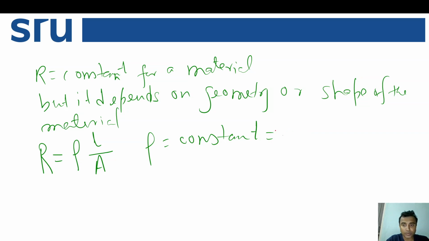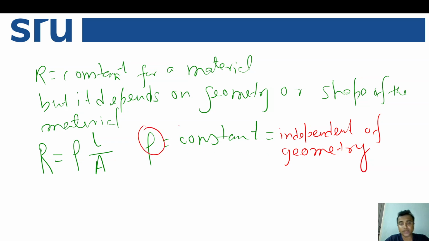So this rho is independent of geometry. Rho is some constant which does not depend upon the geometry or shape of the material, and we can say this particular rho, you can find out that rho is equal to R A over L. Now this particular A is the area, and this L is length.